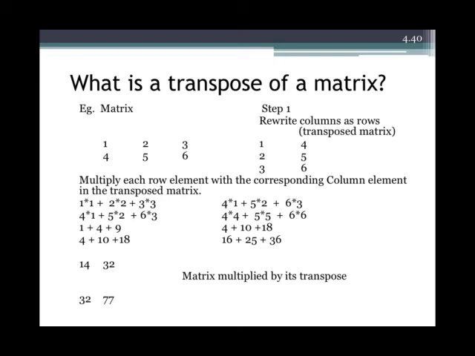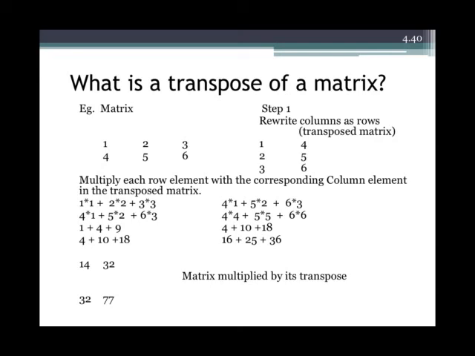To multiply two matrices, we have to take the first element in the first row and multiply it by the first element in the first column. Take the second element in the first row and multiply it by the second element in the first column. Take the third element in the first row, multiply it by the third element in the first column. So doing that, we have 1 into 1 plus 2 into 2 plus 3 into 3.